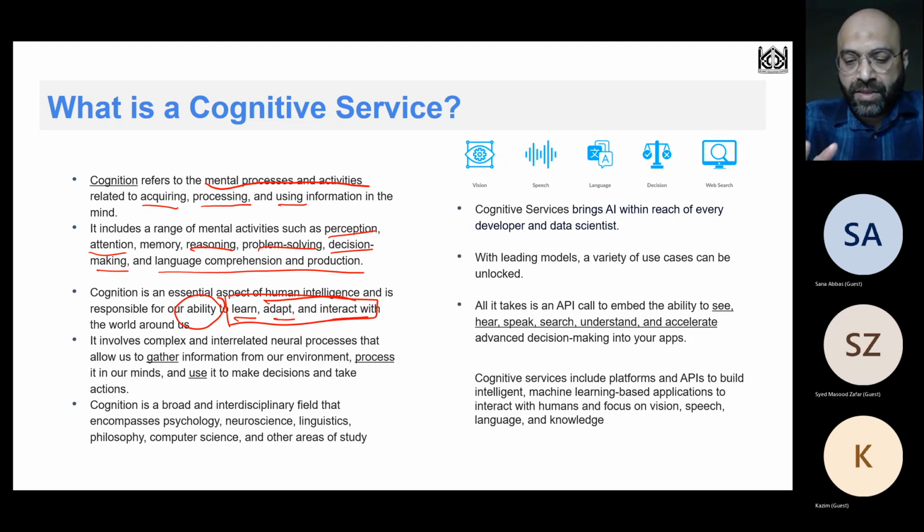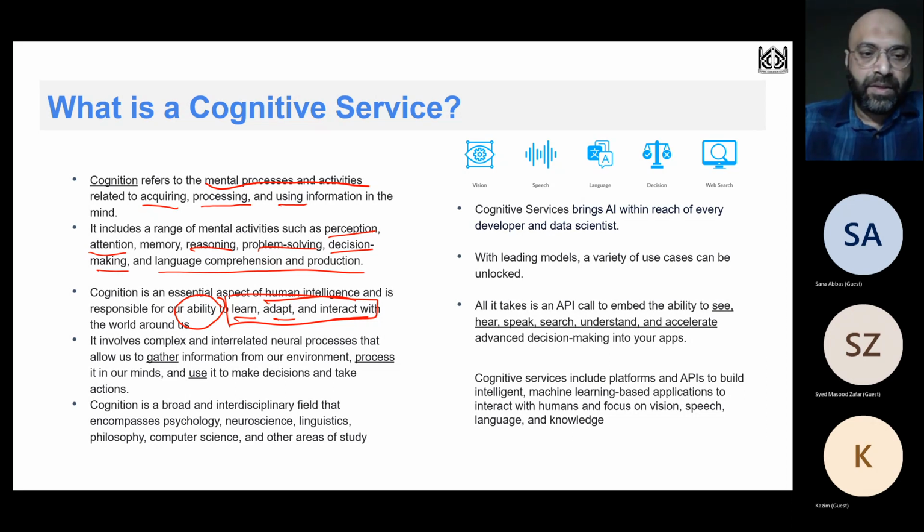So you are seeing the common theme here. Gather in any form or shape, either through vision or speech or hearing, and then process it in our mind, and then use it for interaction, for decision making, or for taking some actions.